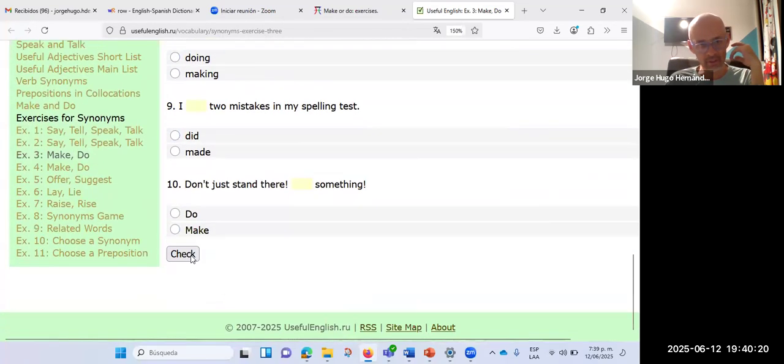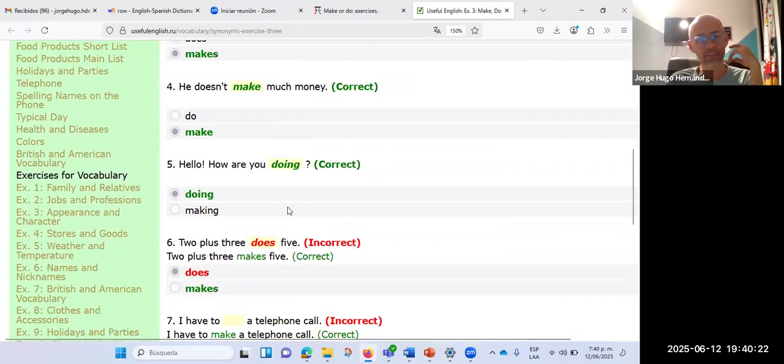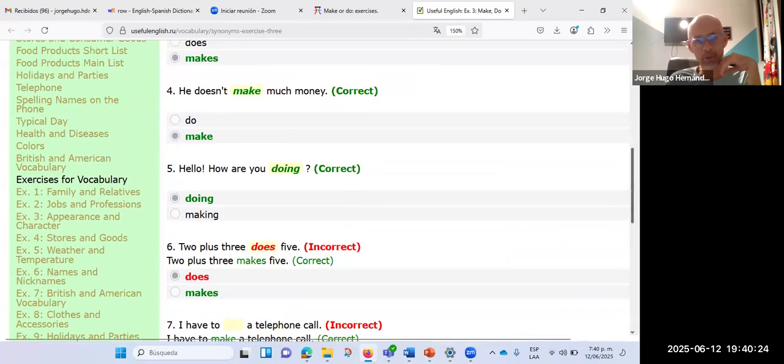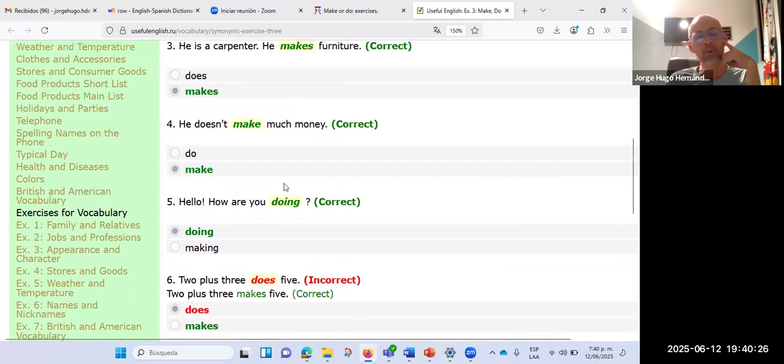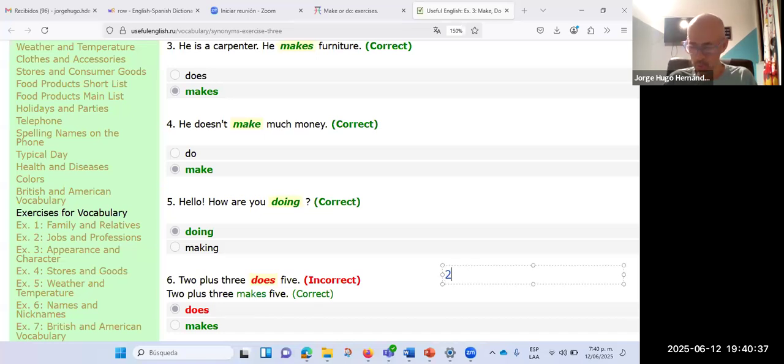But right now, because there is a mistake. When we are talking about mathematics, we can say like this: 2 plus 3 makes 5. So 2 plus 3 makes 5.